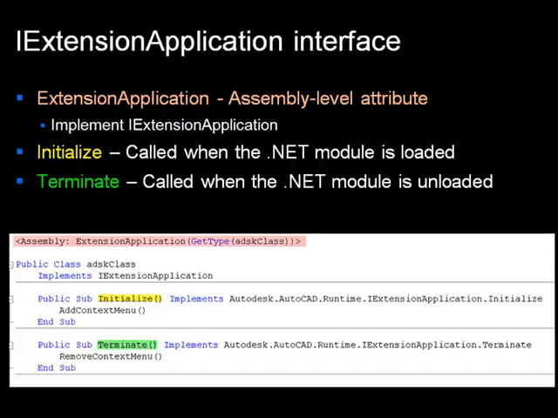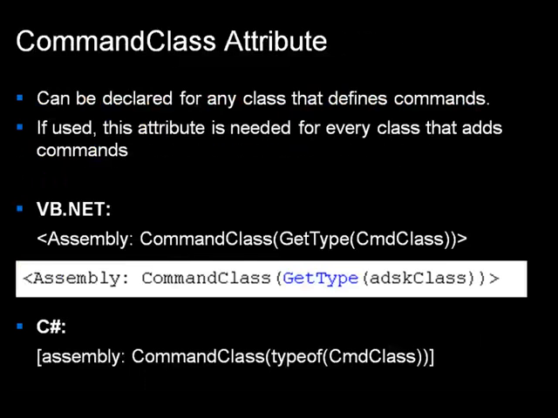Also, using the ExtensionApplication attribute can save time when loading a large .NET module, because AutoCAD will not need to check all of the objects in that assembly to find out if there is a class that is the extension application. In addition to searching for an IExtensionApplication implementation, AutoCAD will also query the assembly for one or more CommandClass attributes.